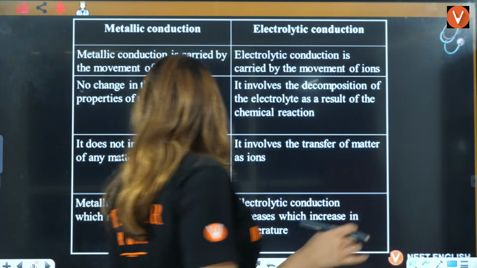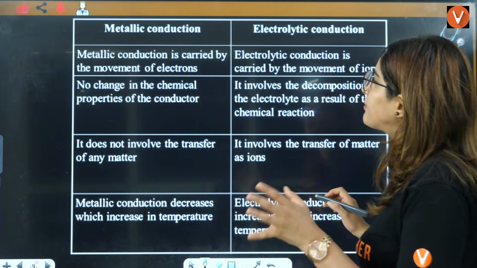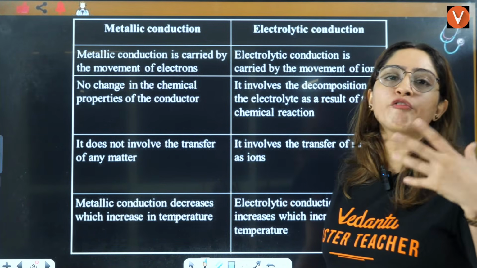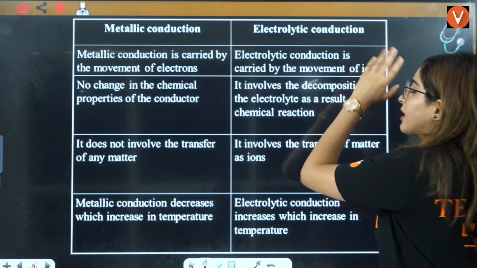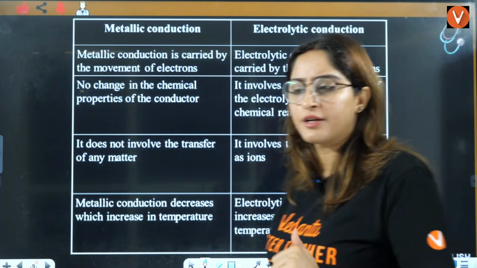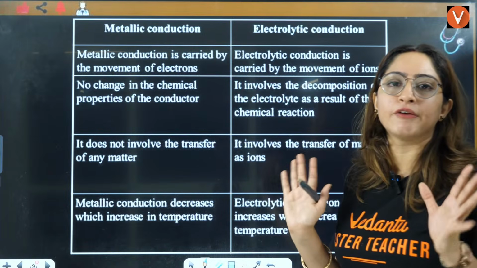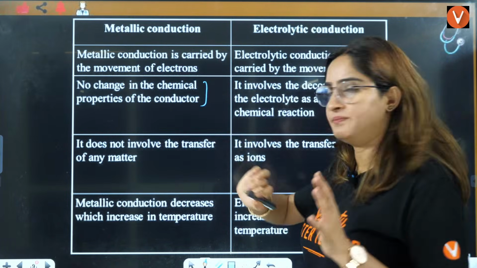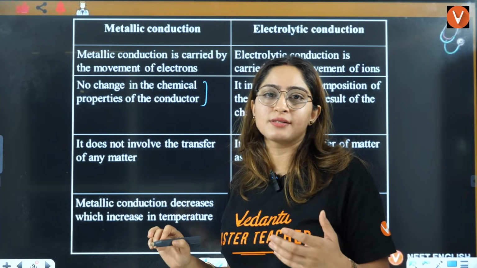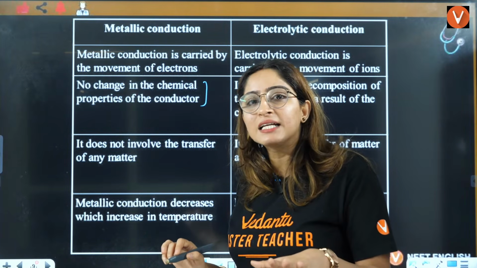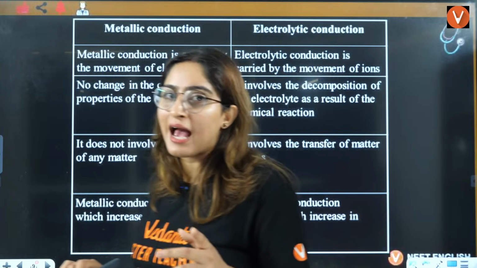So the first difference is that a metallic conductor carries movement of electrons and electrolytic conductors carry movement of ions. Second is no change in the chemical behavior of the conductor, because no chemical reaction is happening inside the metal.